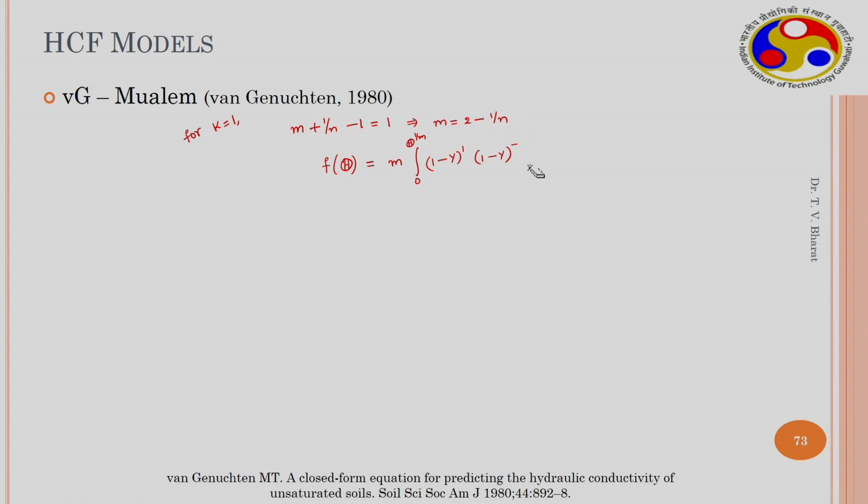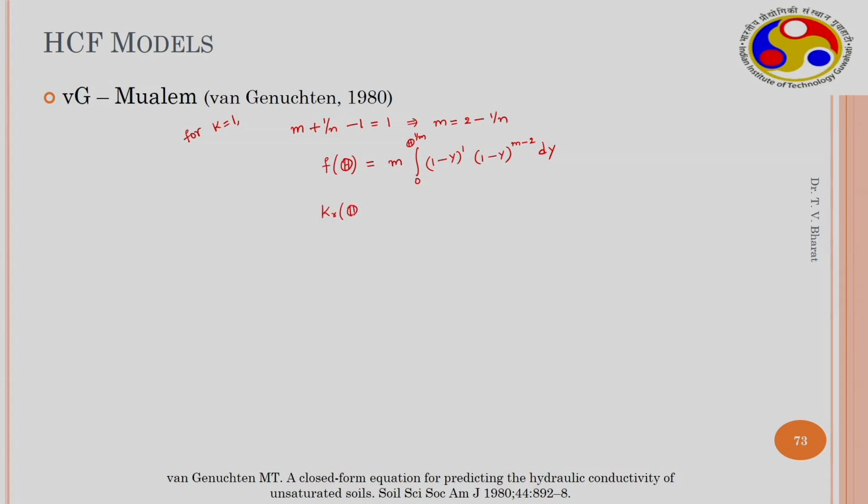For minus 1 by n we can substitute m minus 2, dy. So, this is solved using integration by parts.